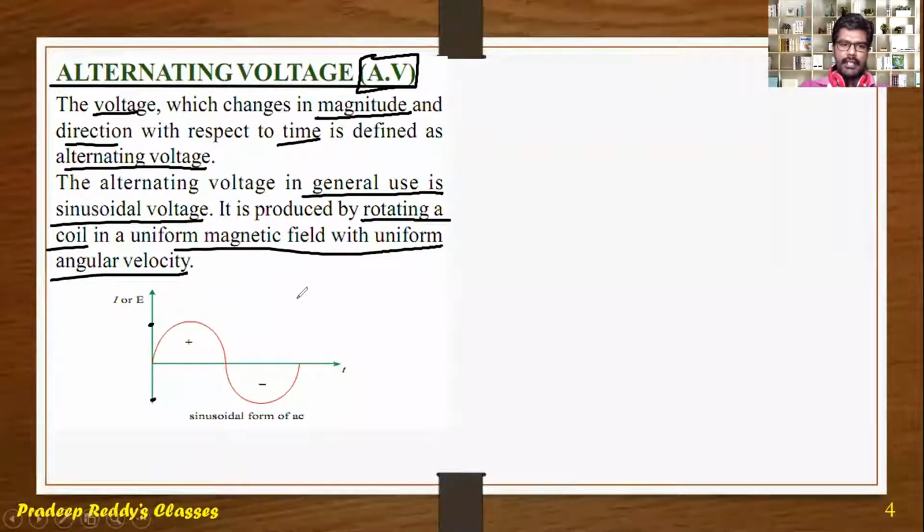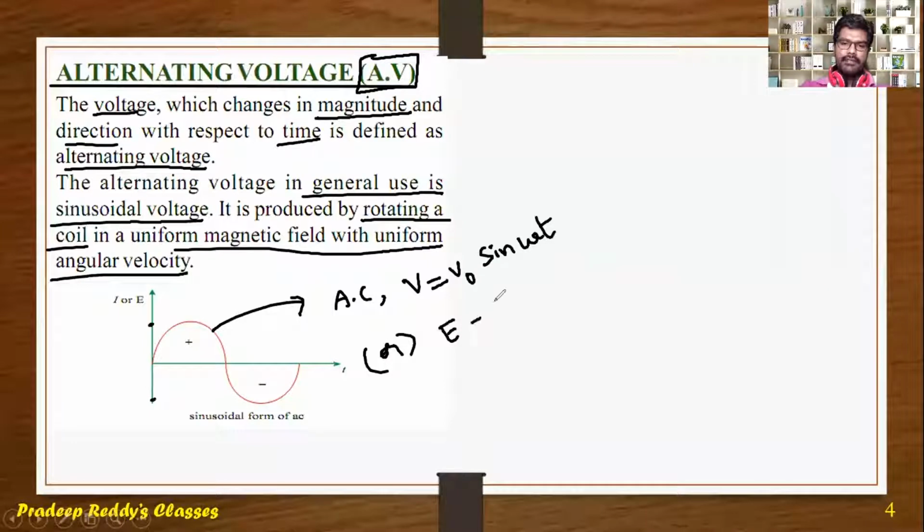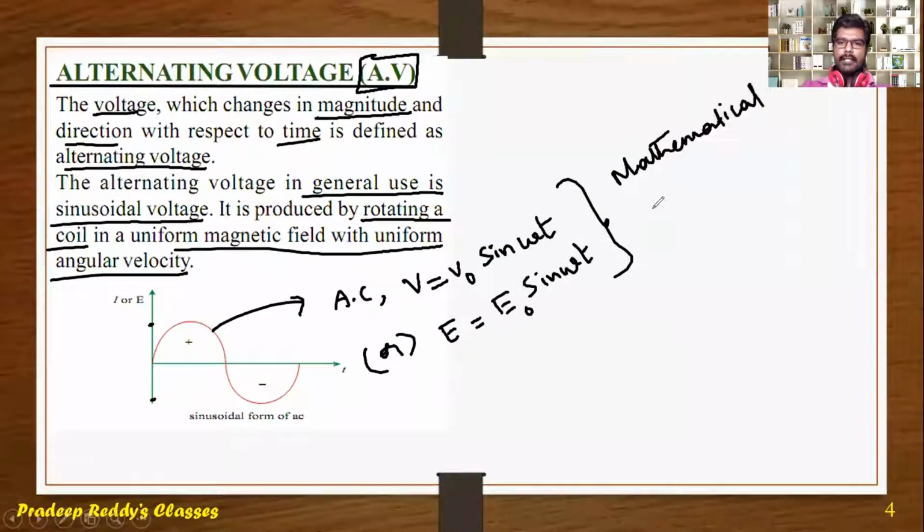So I can represent AC as V is equal to V naught into sine of omega t, or you can write it as EMF E is equal to E naught into sine omega t. This is the mathematical representation of AC voltage.